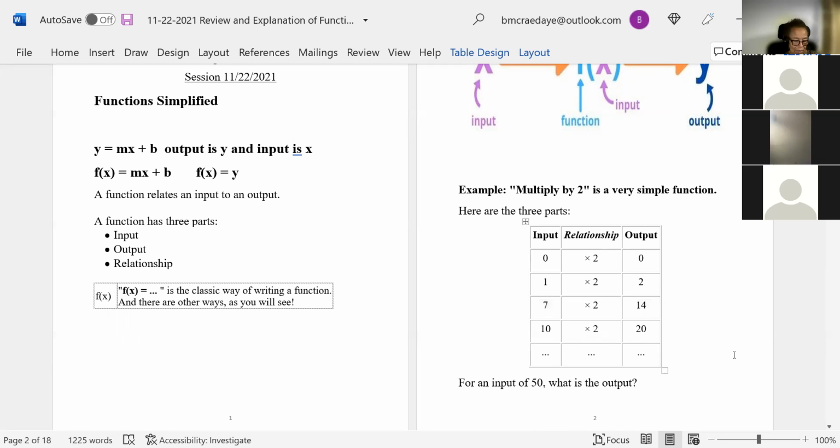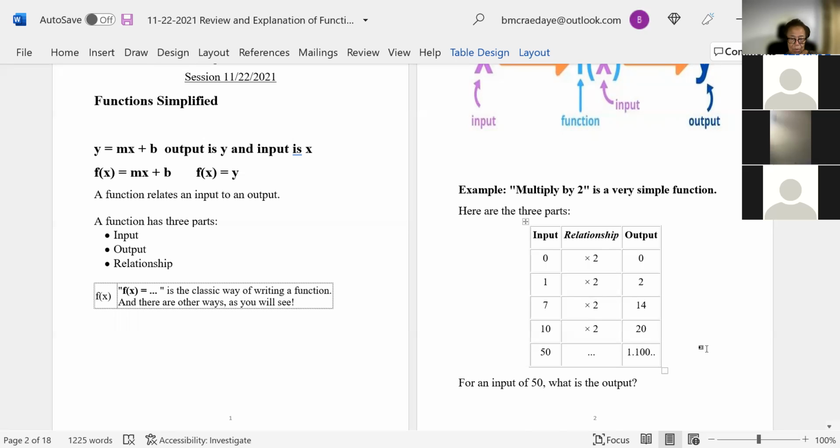You apply the relationship to the input to get the output. So let's put 50 here, and I multiply the 50 by 2, and I get my 100.